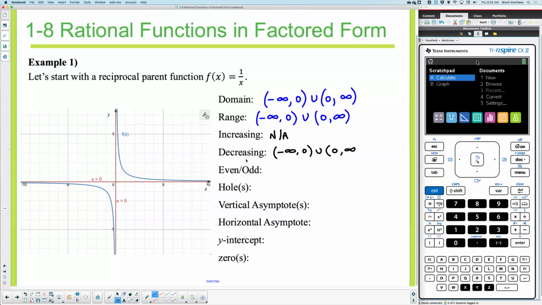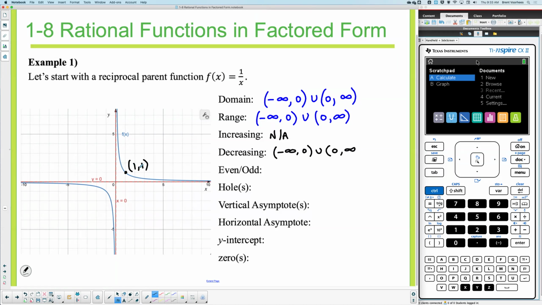Okay, now even or odd. When you look at the graph, remember, a graph is even if it perfectly reflects or has symmetry across the y-axis. Does this graph have y-axis symmetry? No. So it's not even. To be odd, it has to have perfect symmetry across the origin, which means if you picked any point, what has to be true for it to be odd?